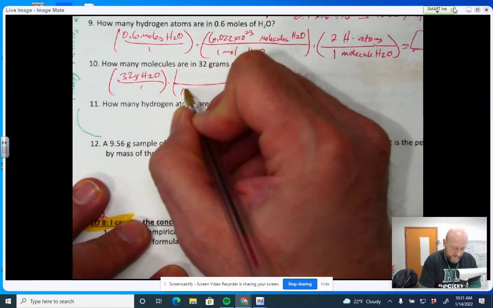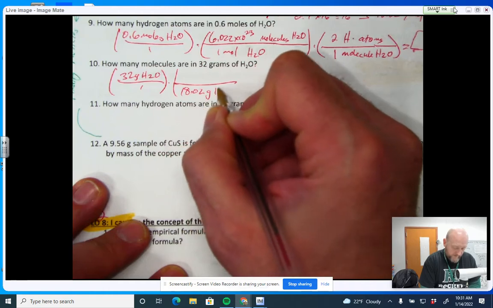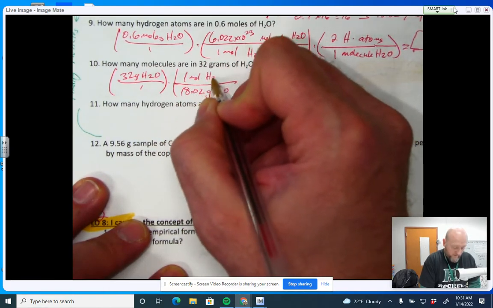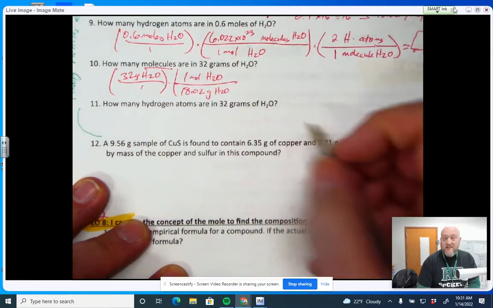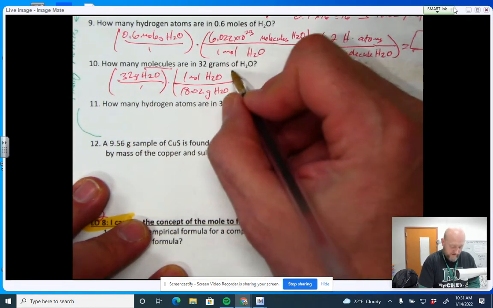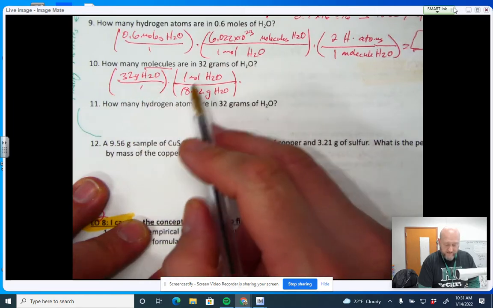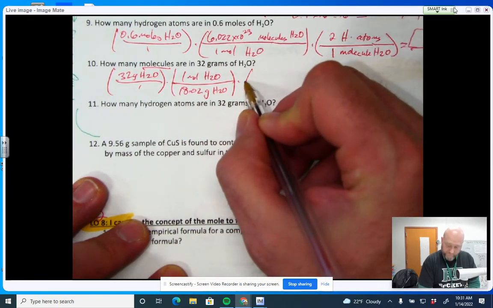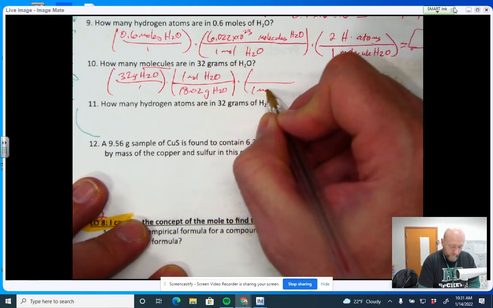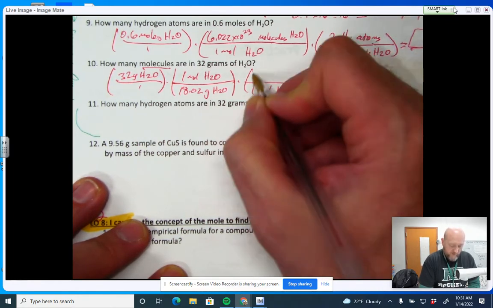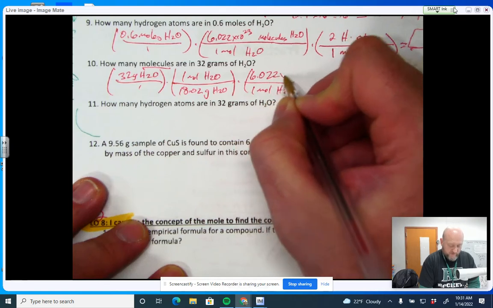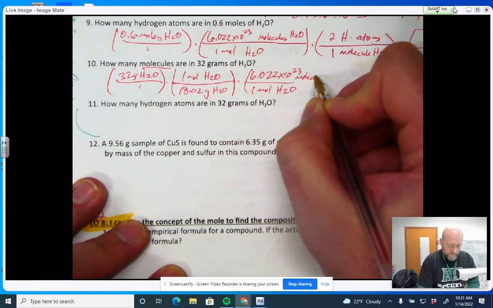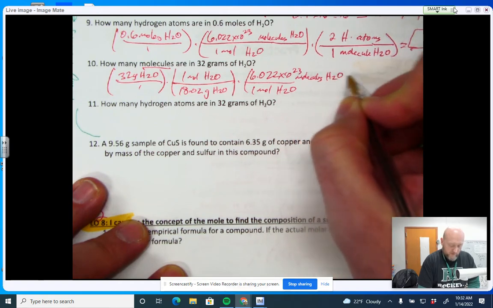So we have 18.02 grams of H2O for every 1 mole of H2O. But again, the question is asking how many molecules do we have here? So we've gone from mass to moles. Now we need to go from moles to molecules. And we know that 1 mole of H2O is 6.022 times 10 to the 23 molecules of H2O.